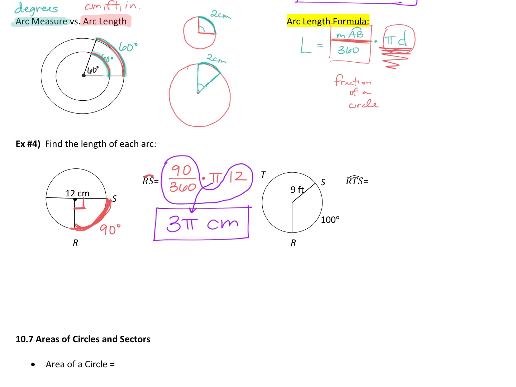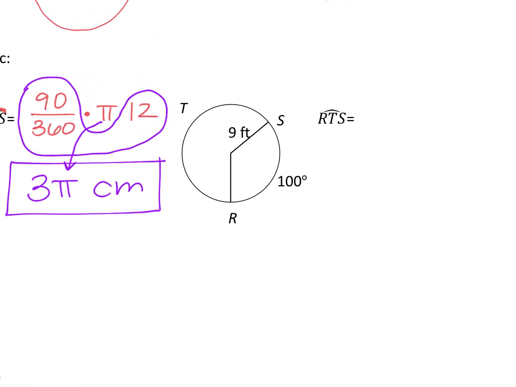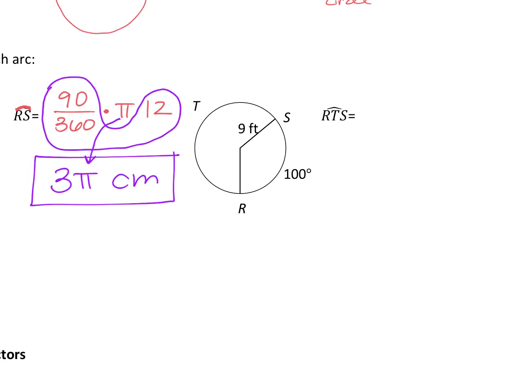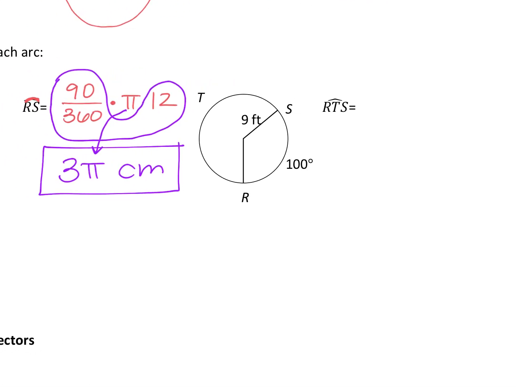Okay, this one. It says find the length of arc RTS. So RTS, notice, R through T to S is this arc. We need the measure of that arc. What is the measure of that arc? 360 minus 100. Yeah, 360 minus 100 is 260, okay? So 260 is the measure of that arc.